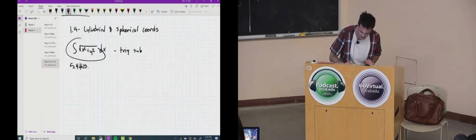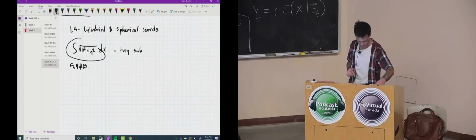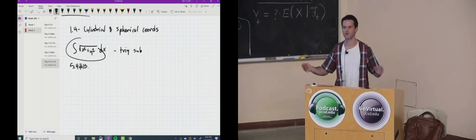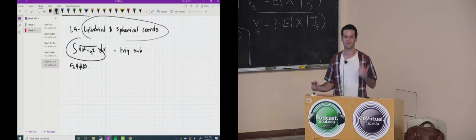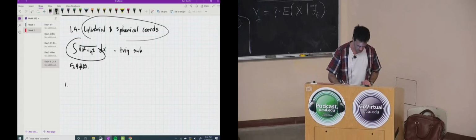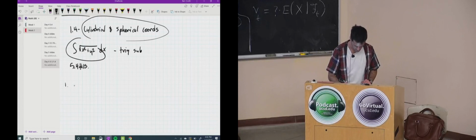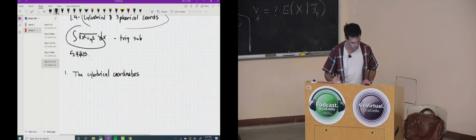Now let's do the 3D generalization of polar coordinates. By the way, you might sometimes hear the word curvilinear. That's another word for cylindrical and spherical and other coordinate systems. So here's cylindrical. What are cylindrical coordinates?